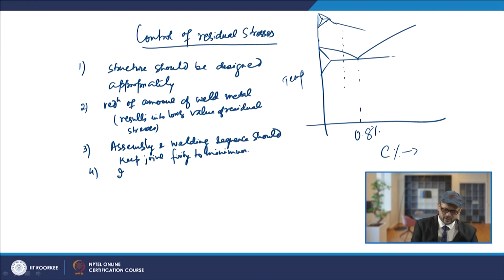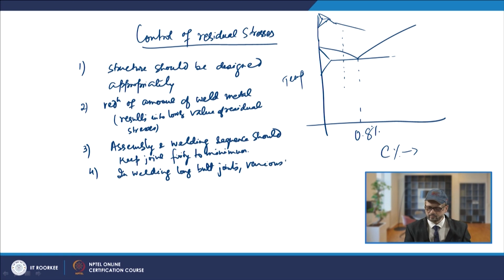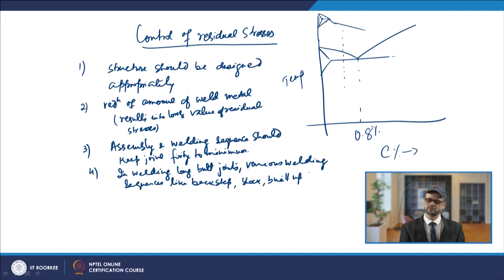So, in welding long butt joints, you have various welding sequences, like backstep, block, and built-up, and they should be used with the aim of reducing the residual stresses.